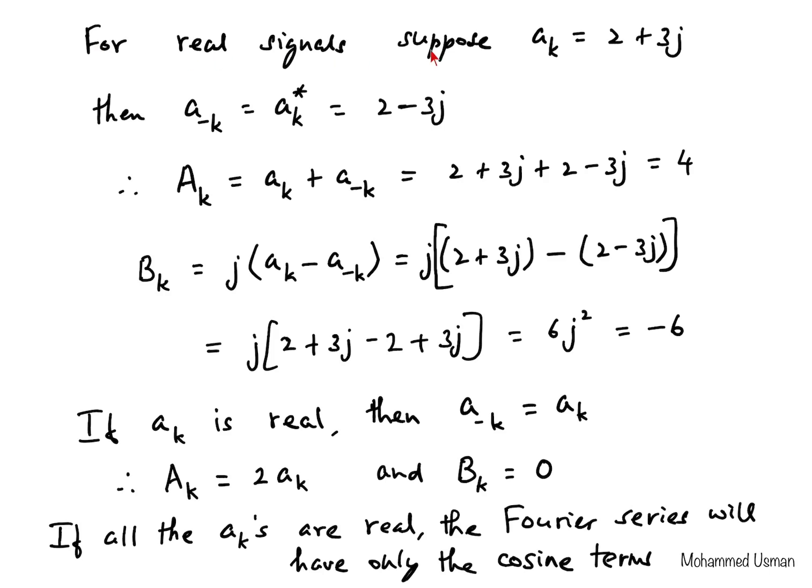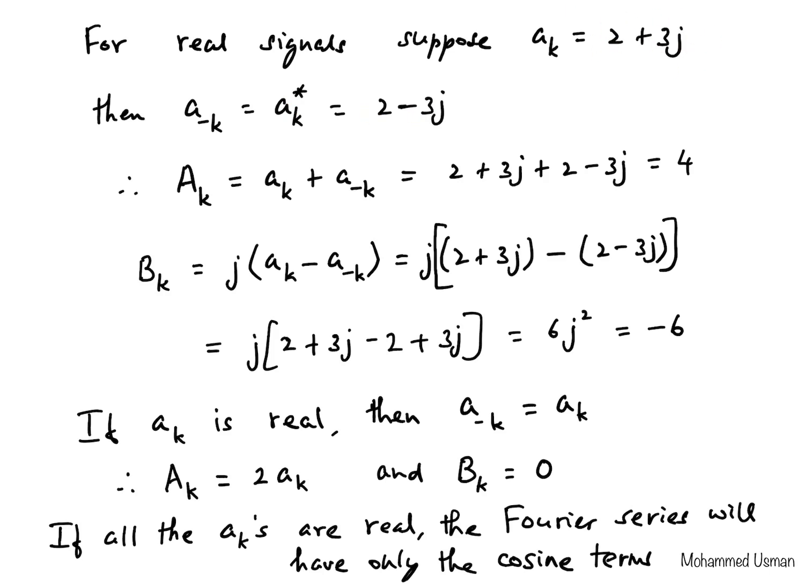So I've just taken a simple example here. Let's say our signal x of t is a real signal, and let's say a particular value of ak is 2 plus 3j. Then the value of a minus k, which is the complex conjugate of ak, will become 2 minus 3j. So ak is 2 plus 3j.